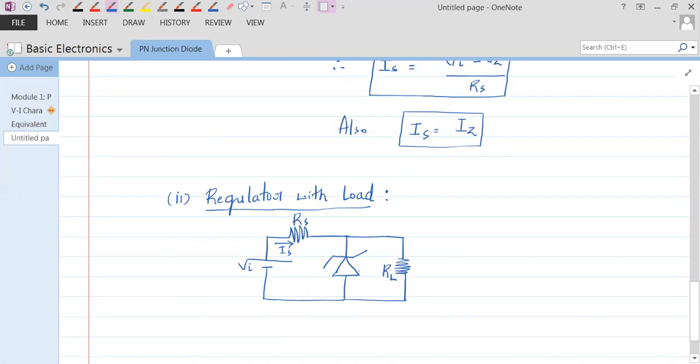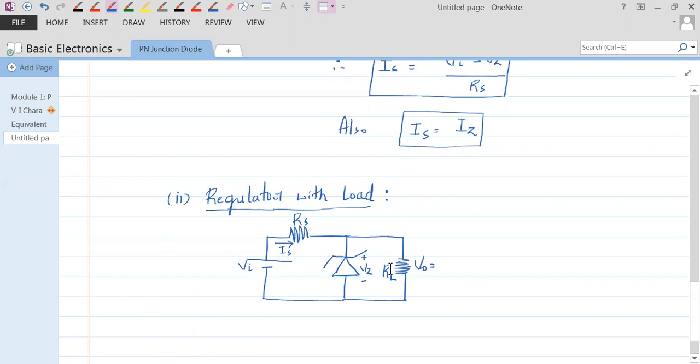What is the voltage that is dropping across this? It is plus minus Vz. What is the voltage that is dropping across this? Say it is the output voltage V naught. And with this, can you tell me what this V naught is equal to?